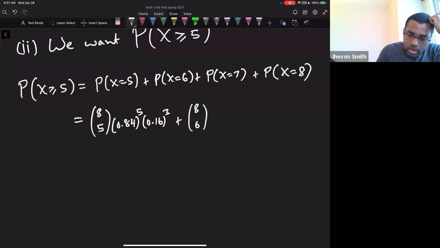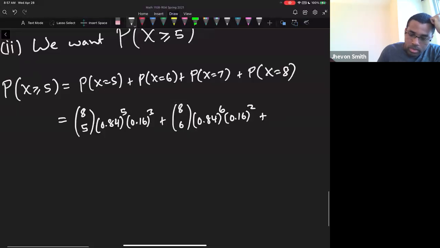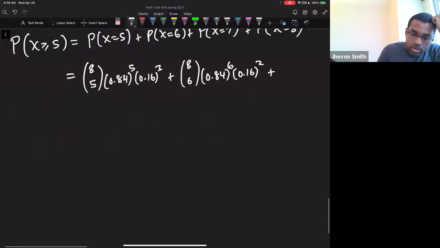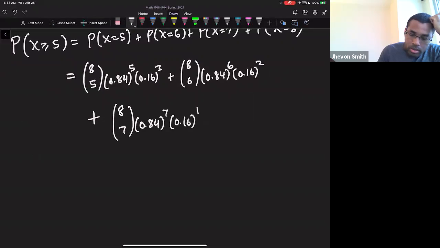Here, 8 choose 6, probability that they're able to donate, probability that they're not able to donate. Eight choose 7, probability that they're able to donate, probability that they're not able to donate. 8 choose 8, probability that they're able to donate, probability that they're not able to donate.